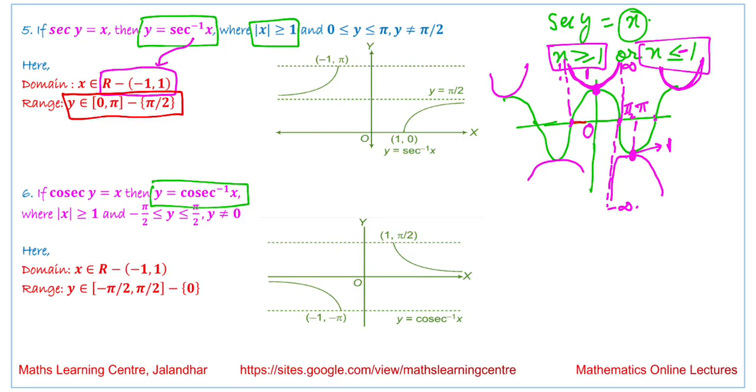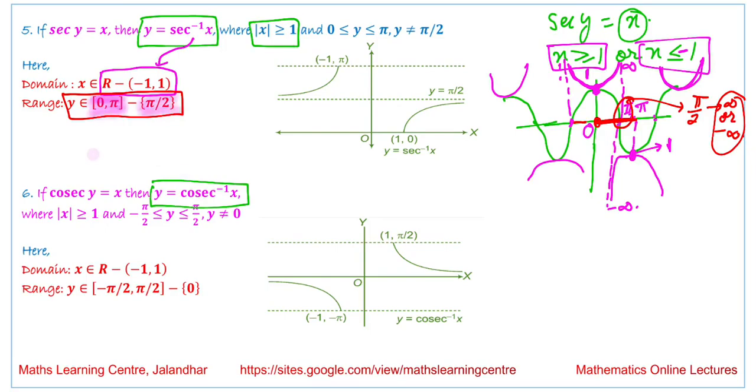It can take any value from 0 to pi, but the problem is only at the point pi by 2, where the function is approaching infinity or minus infinity. So the range of this inverse function is 0 to pi except the point pi by 2.